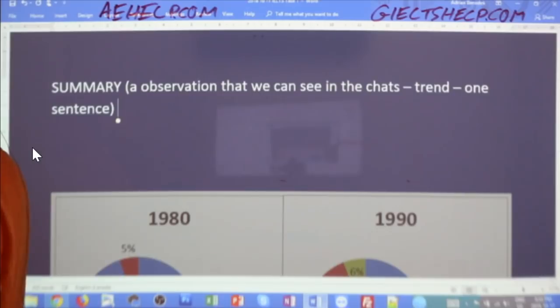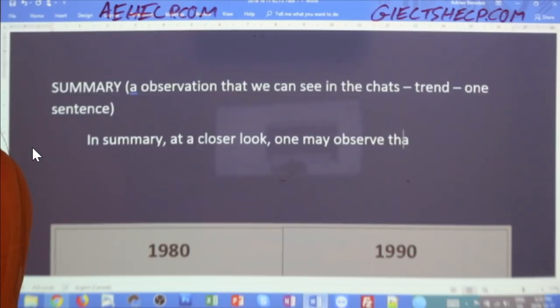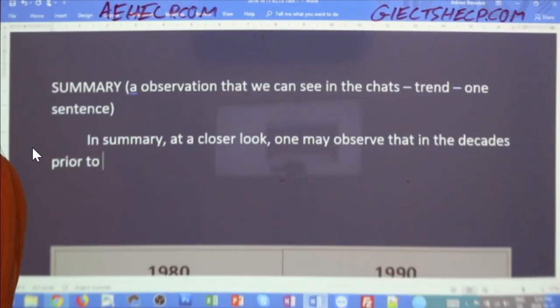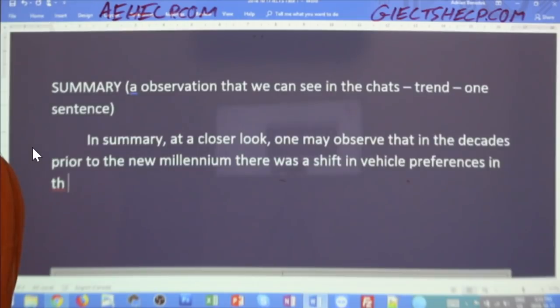And here all you need to do is something simple, like: In summary, at a closer look, one may observe that in the decades prior to the new millennium, there was a shift in vehicle preferences in the US.